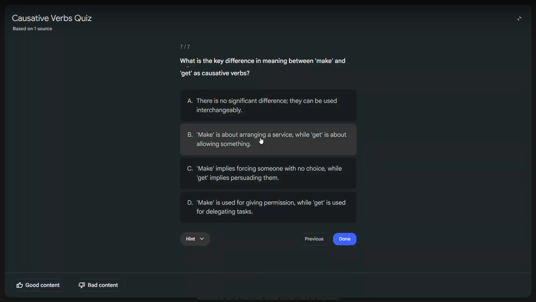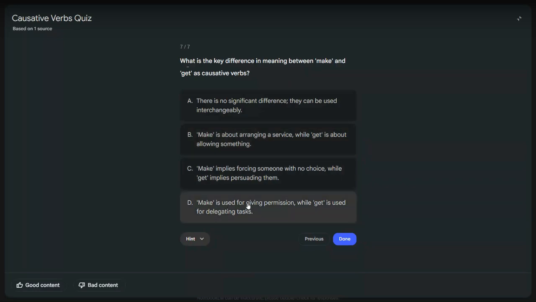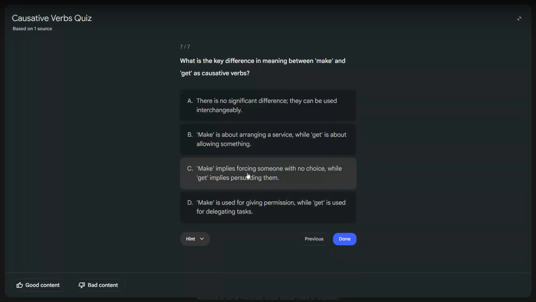And get is for? Sir, we use get to persuade or convince someone to do something. Right. So let's see. They both can be, no. Make is about arranging, no. Make is using give permission, no. So clearly the option C is there. Make implies forcing, while get implies persuading. Okay. So we'll use this one.